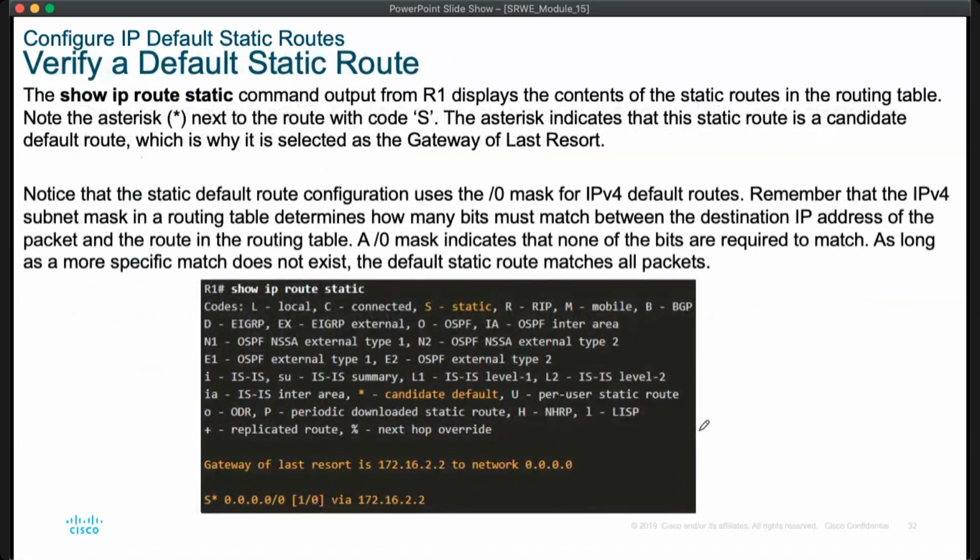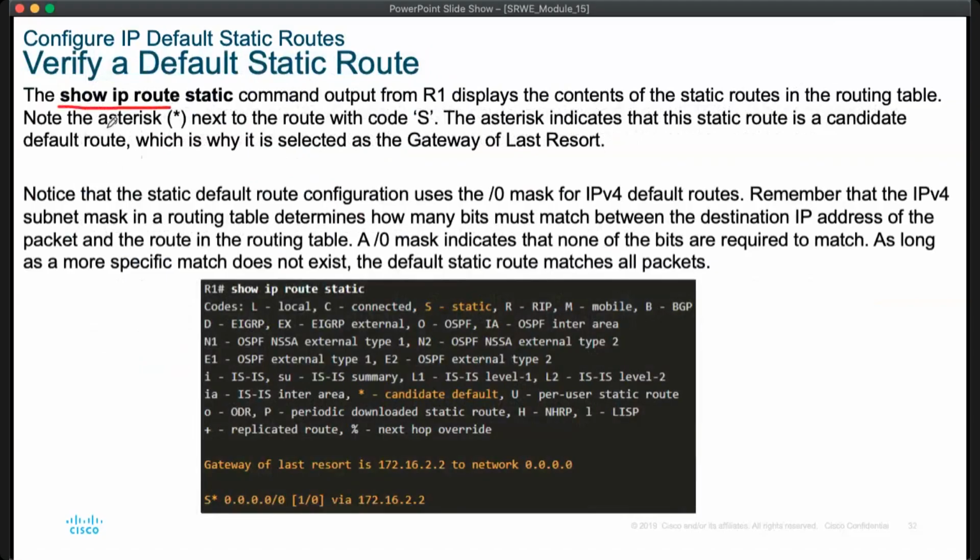Verify a default static route. The show ip route static command output from R1 displays the content of static routes in the routing table.